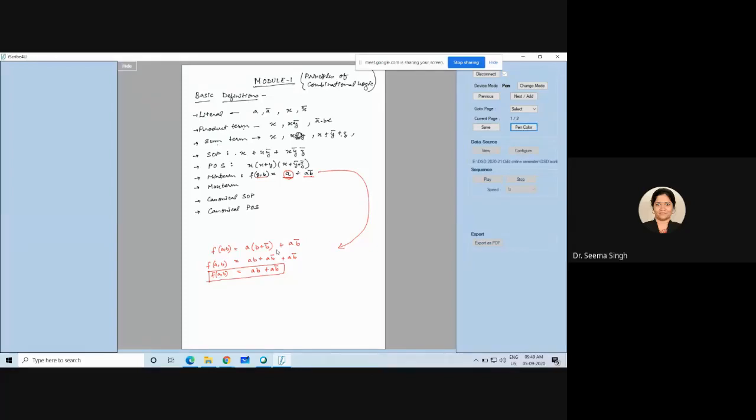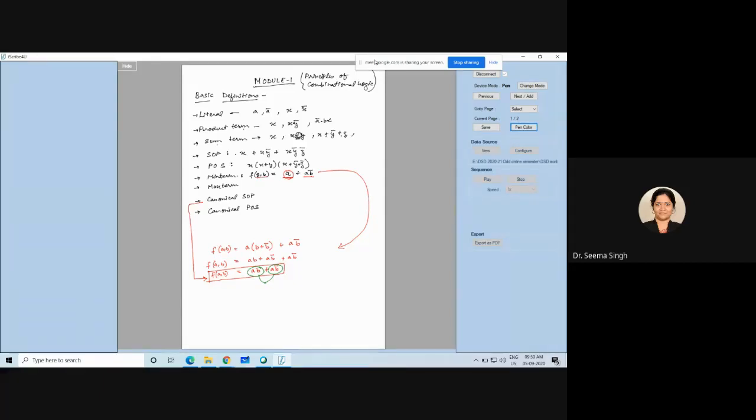Minterm means one term, and what I have shown you now is a canonical sum of product. And what is minterm? Minterm is this and this. These are minterms.